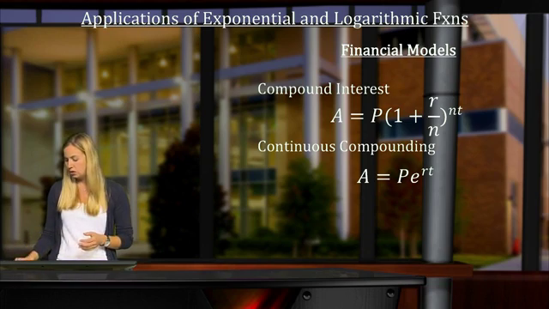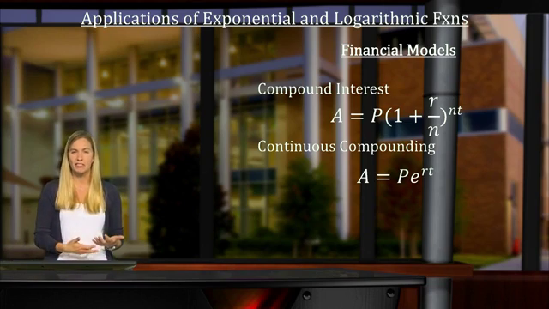Just to give you some information about that, so you have an idea of what we're talking about. Most of us have actually had some type of an account that accrues interest in a compounding fashion. If you've ever had a credit card, when you purchase something, at the end of the month, whatever you haven't paid back, you pay interest on it.